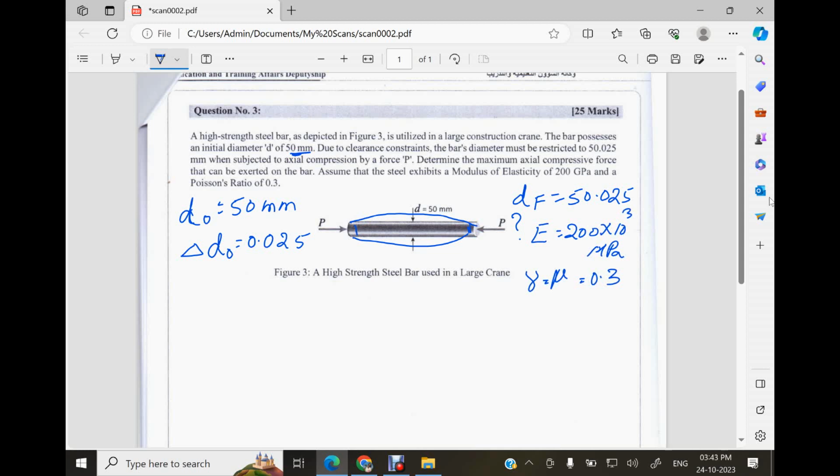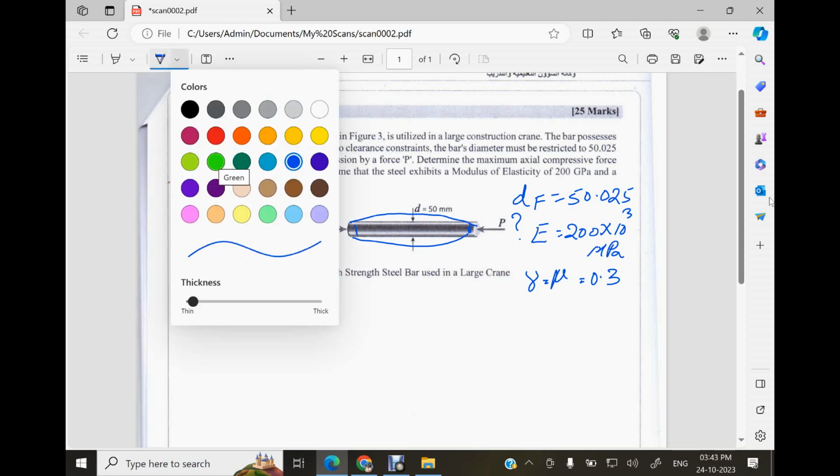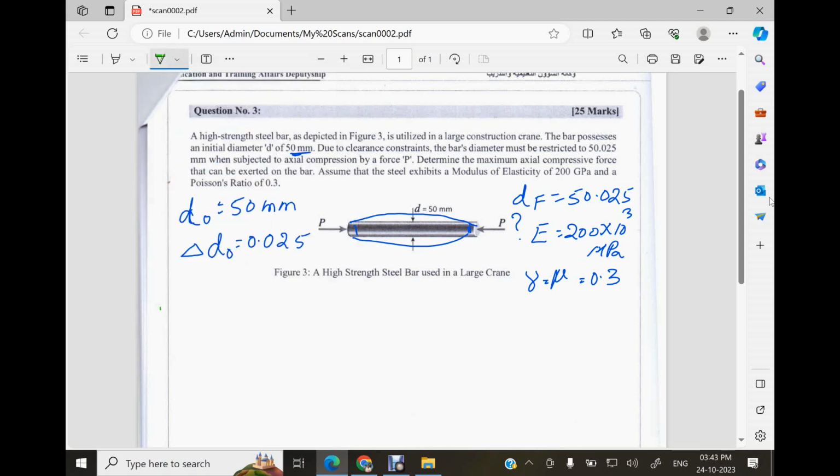Now, first of all, we need to write down what are the things we want. Let us just now go for the solution. Let us see what he has given. He wants me to find out the value of P. P is equal to question mark. He gives me the value of mu.